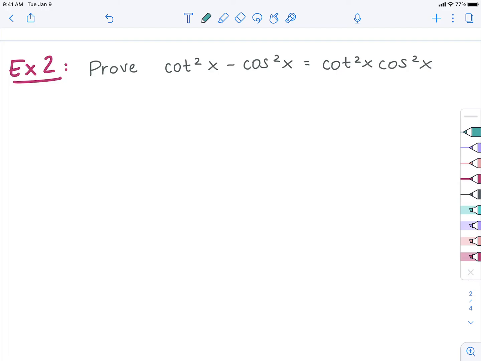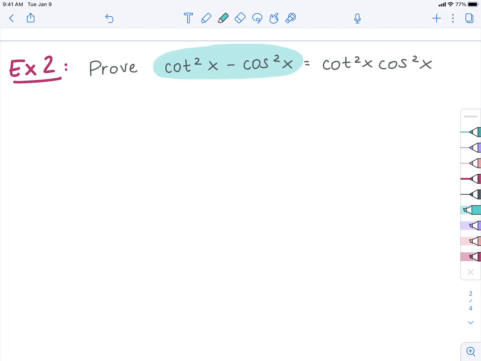So I'm just going to work with the left side of the equation and try to make it look like the right side. So I'm only going to take this left side of the equation, and they've given me the answer.